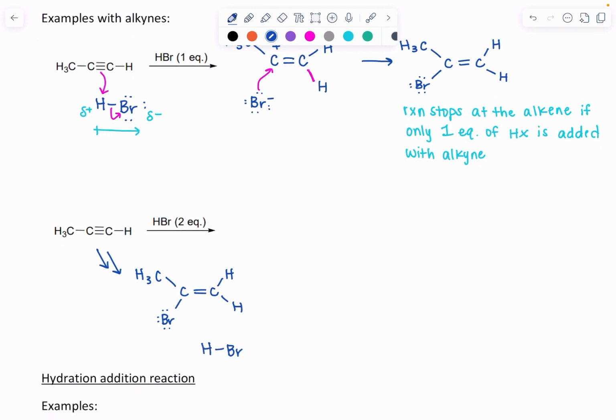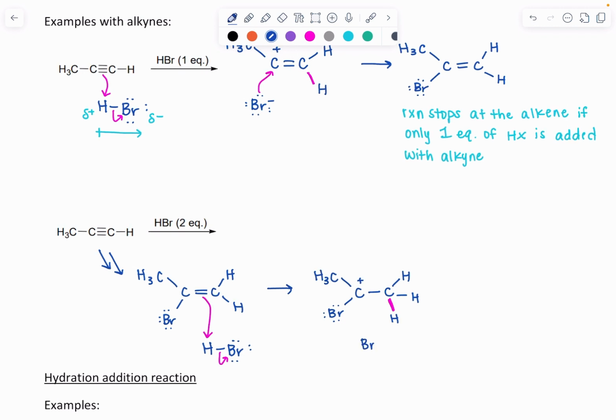Same steps. The double bond will create a bond to hydrogen. Electrons go to electronegative bromine. We form a carbocation. Hydrogen goes to the carbon with more hydrogen, so that's this new bond here. We have Br minus, and that's attracted to the carbocation.